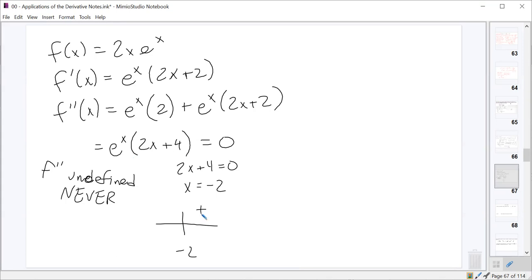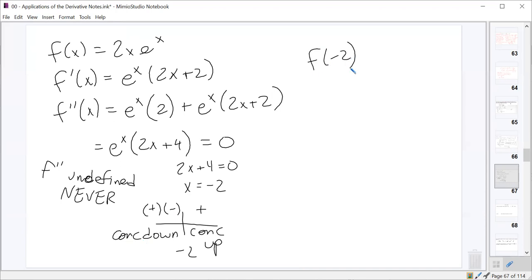So we have a positive value, and we are concave up. If I plug in something less than -2, like -1,000,000, e to the -1,000,000 is still positive, but -2,000,000 plus 4 is negative, and we are concave down on that interval.